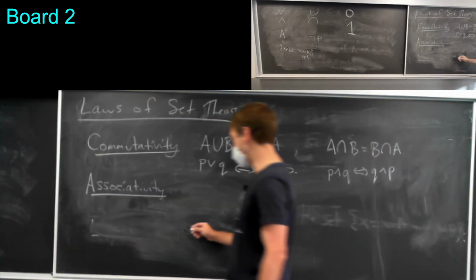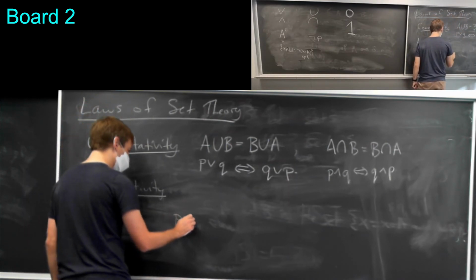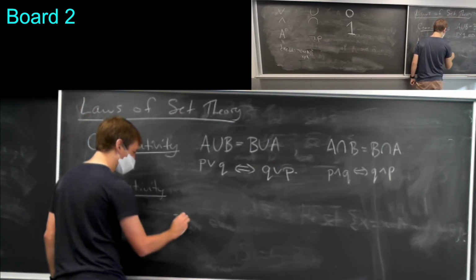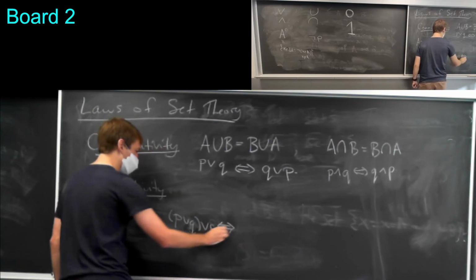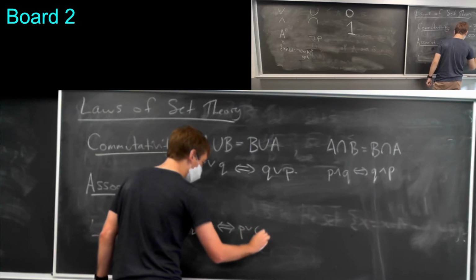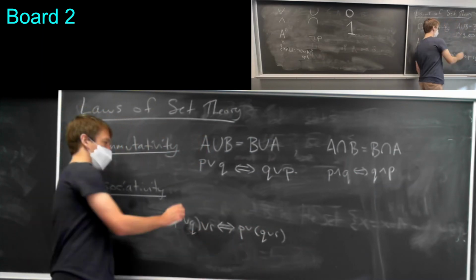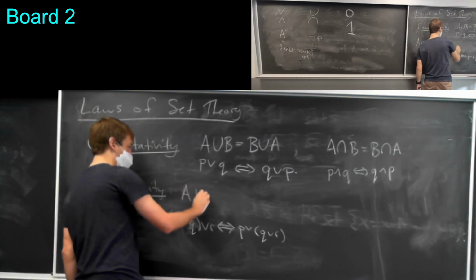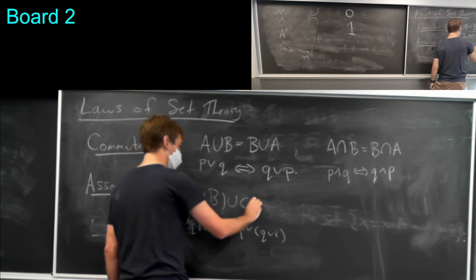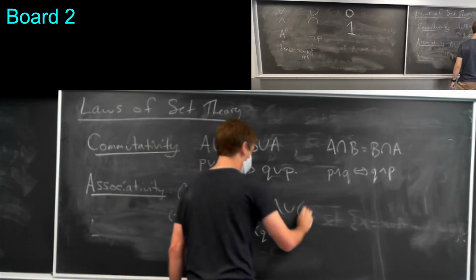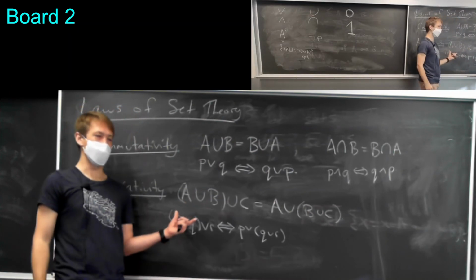Associativity was this statement about brackets. P or Q or R is the same with the brackets this way or that way. So for sets, it says A union B union C is the same as A union B union C with the brackets in the other place.